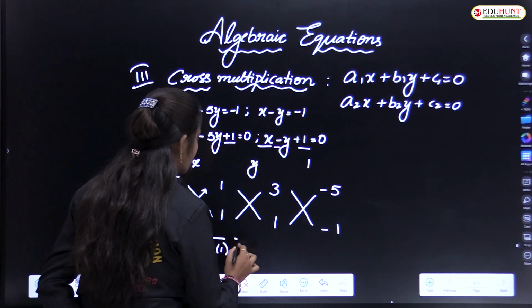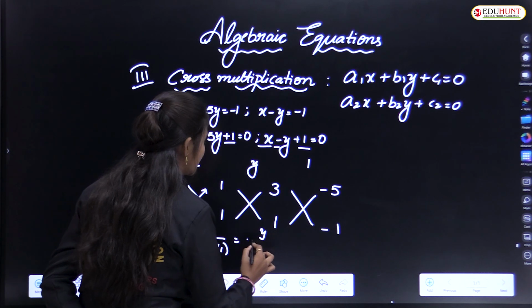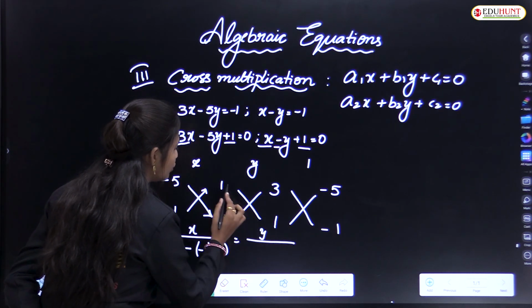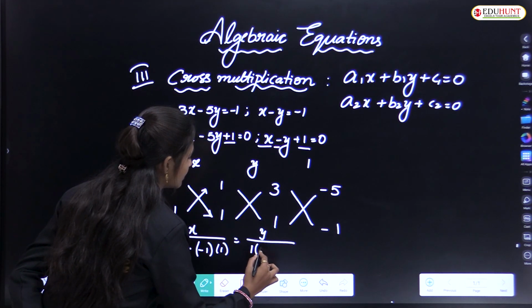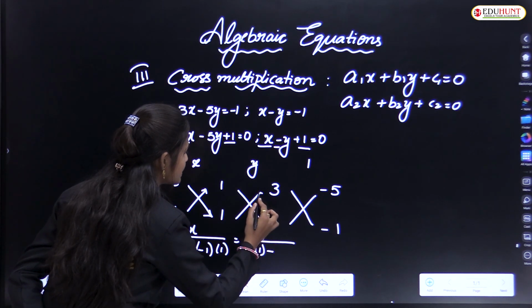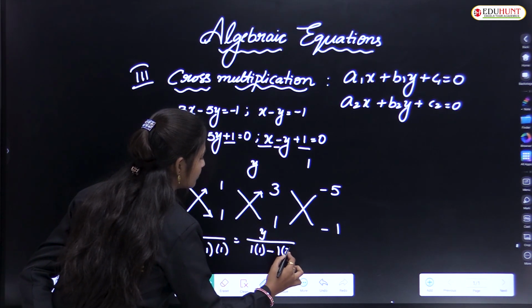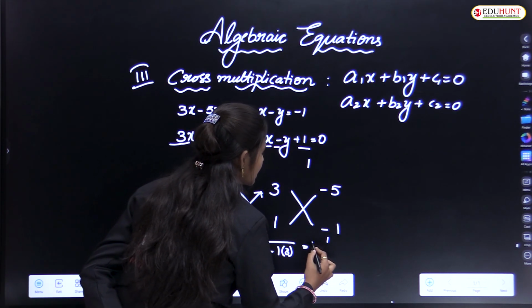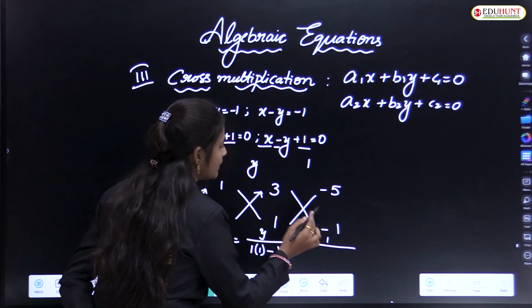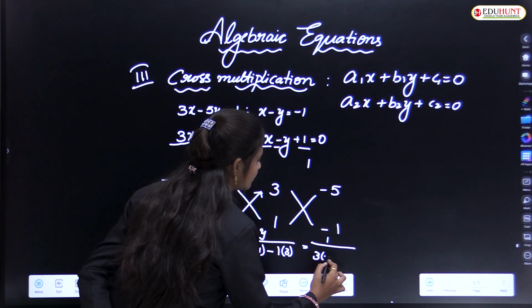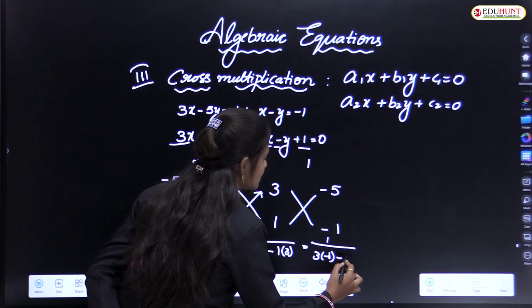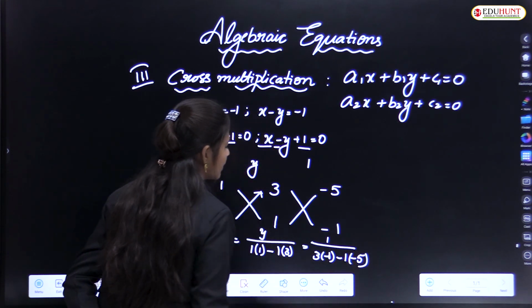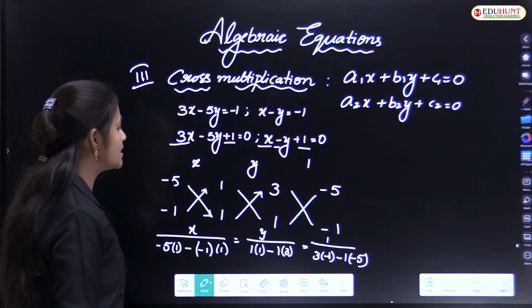Which is equal to, next for y, 1 into 1 is equal to 1, minus 1 into 3, which is equal to, for the constant terms, 1 by 3 into minus 1, minus 1 into minus 5.